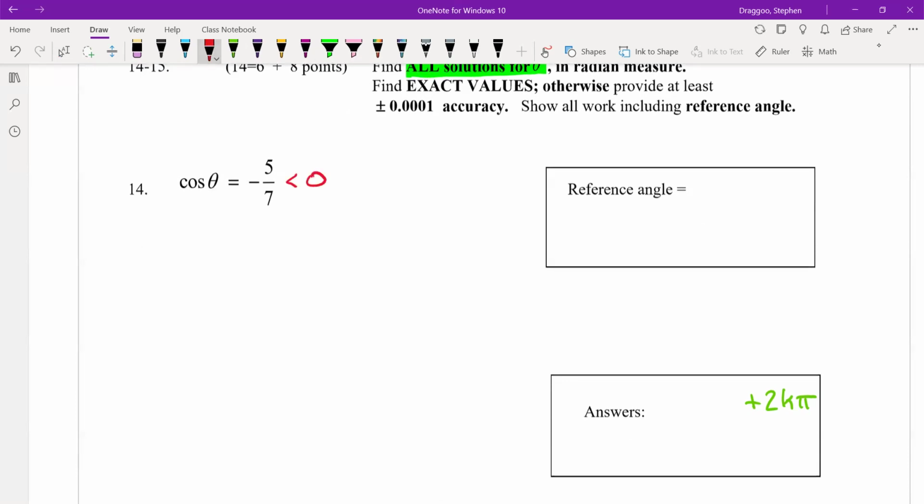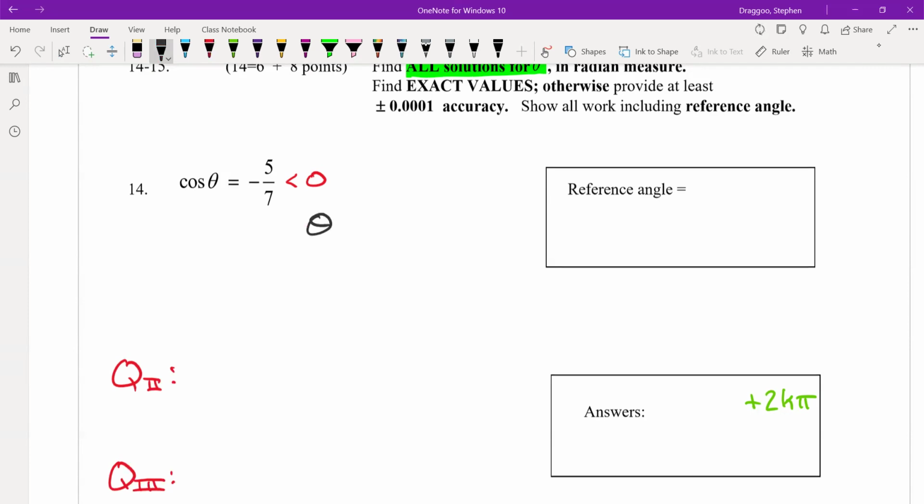So I want to start by noticing that cosine is less than 0. So I'm ultimately going to be looking for solutions in quadrant 2 and quadrant 3. My solution should show up there. But before I do that, I'm going to need a reference angle.